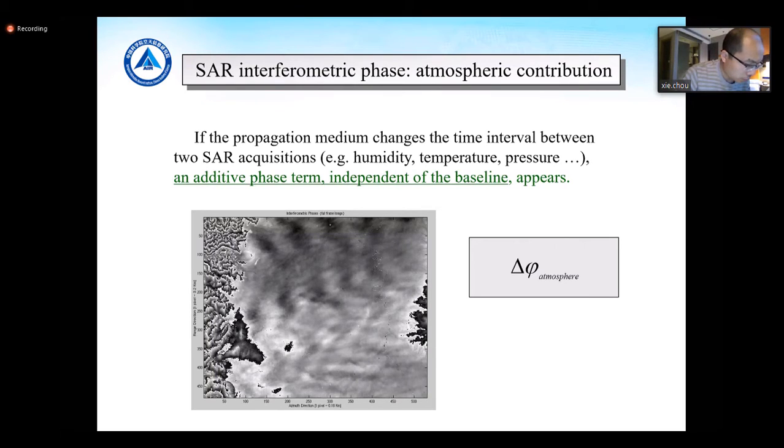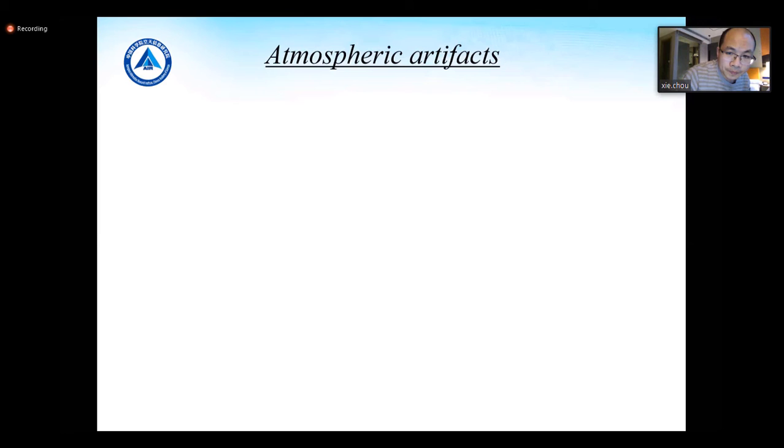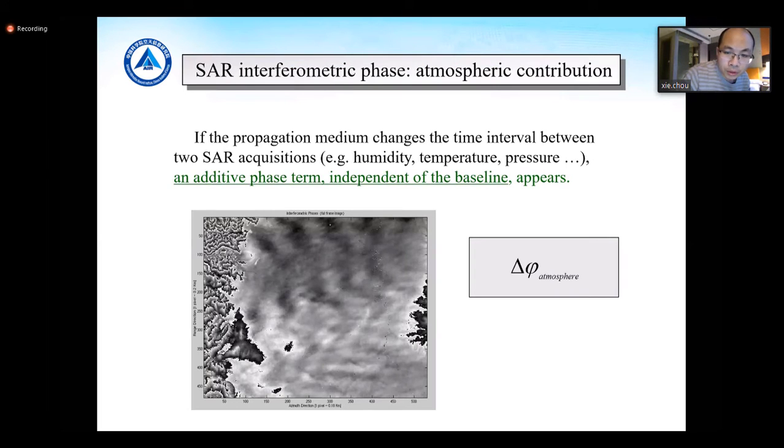If the propagation medium changes in the time interval between the two SAR acquisitions, such as humidity, temperature, pressure, then the atmosphere screen phase will appear.